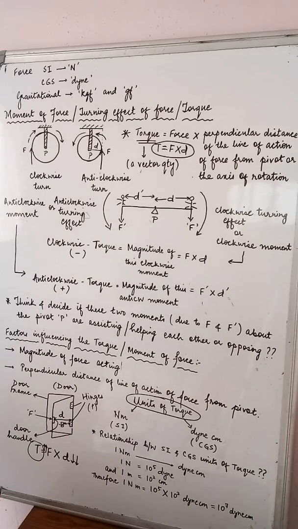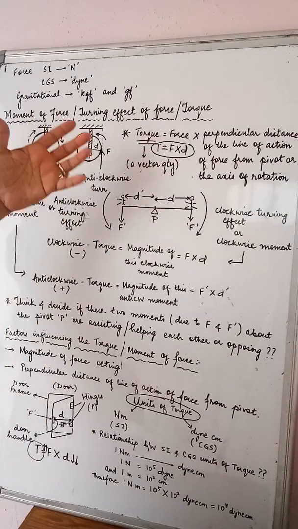I hope you are understanding this scenario. The closer you go to the hinge, the closer you go to the pivot to apply the force, D is dropping. So in order to maintain the same torque, you will have to increase the force. That is the reason why we always keep the door handle farthest from the pivot, which is obviously this point. I hope you have understood this aspect.